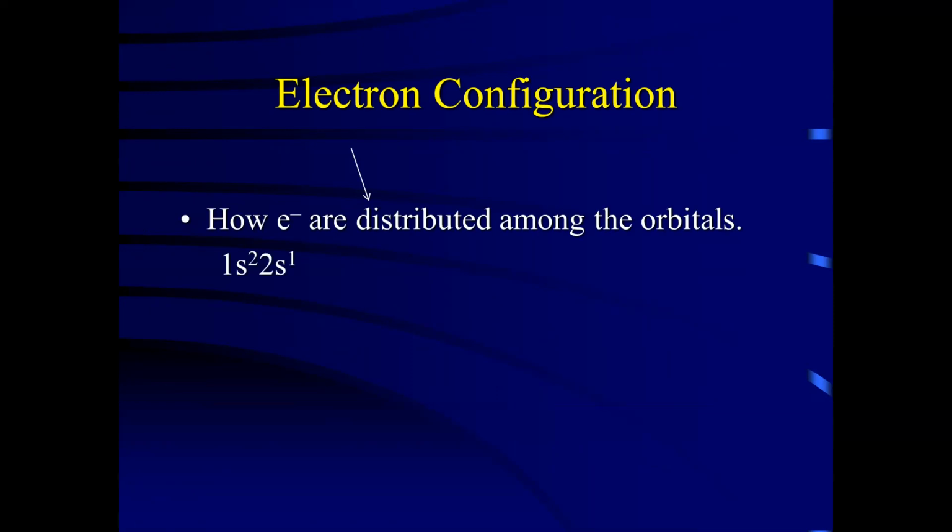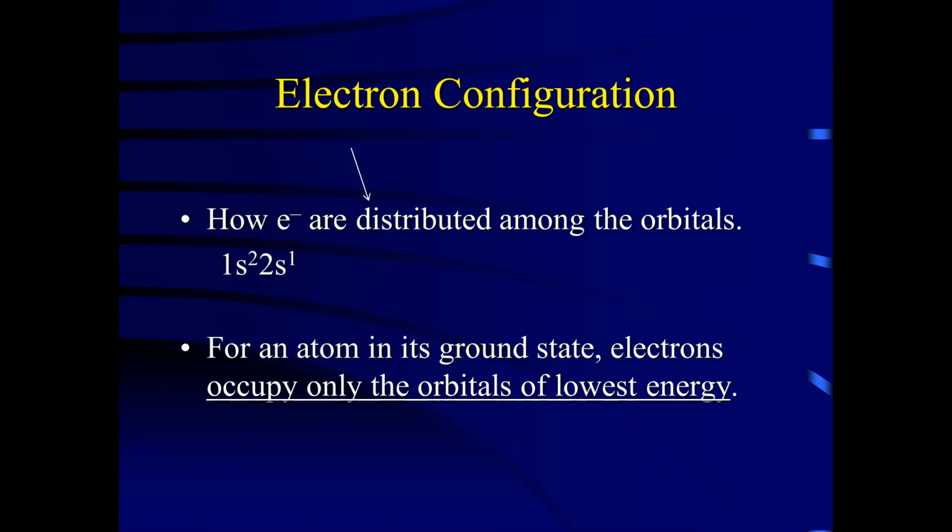Also, we introduced the electron configurations, which means how the electrons are distributed among the orbitals like this. For example, this is the principal quantum number, the orbitals, and how many electrons are in that orbital. So it's good to know.